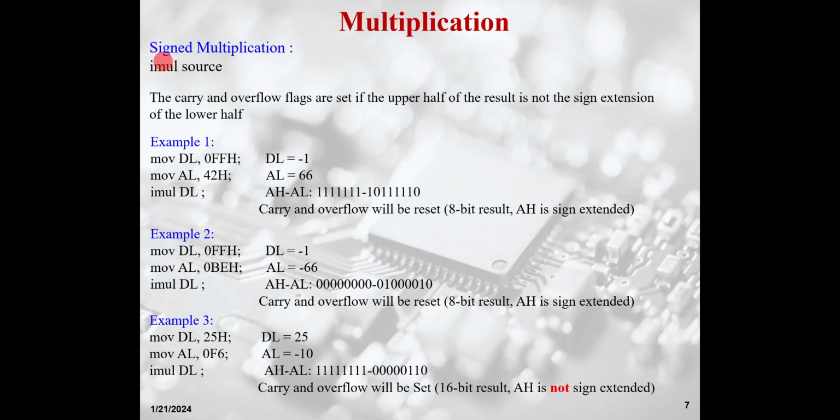Right, now in the signed multiplication, we use IMUL. That is the integer multiplication, and then we specify the source. Now this source can be 8-bit or 16-bit, like in the previous case. Here the carry and overflow flags are set if the upper half of the result is not a sign extension of the lower half.